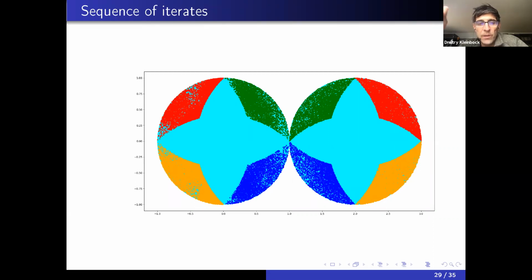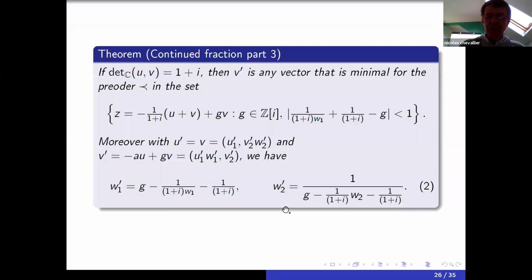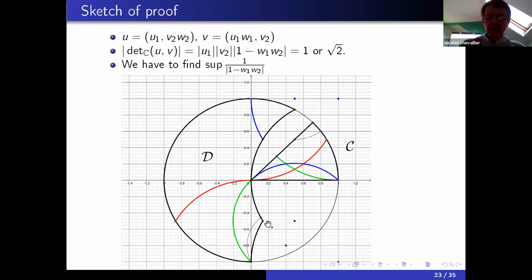Can you say something about the orbit of the lattice associated with this number, and what this orbit does? Yes, when you take w1, w2 here, you can look at the pair U, V associated with these two numbers, and you obtain a lattice generated by U and V. And the cylinder defined by U and V has some volume and contains no point of the lattice defined by U and V.